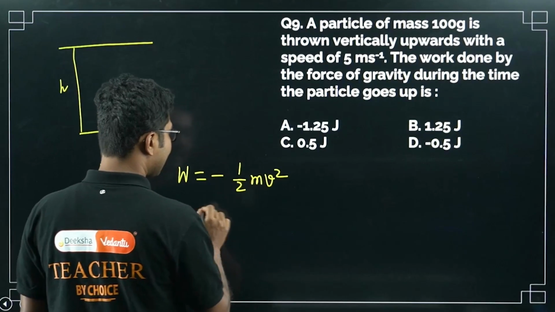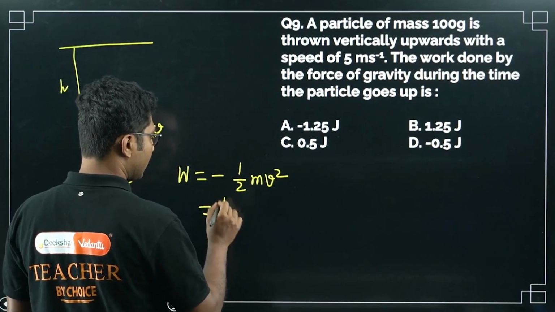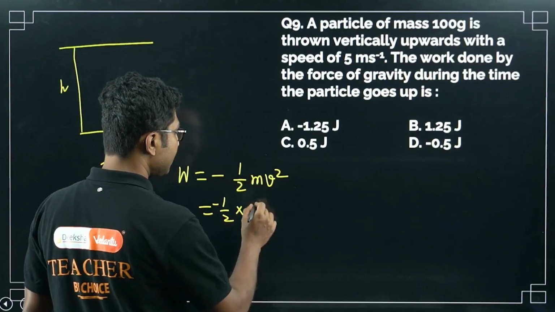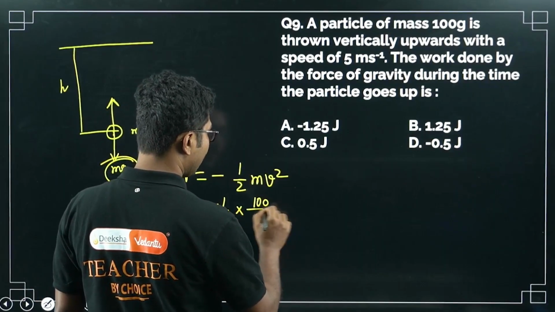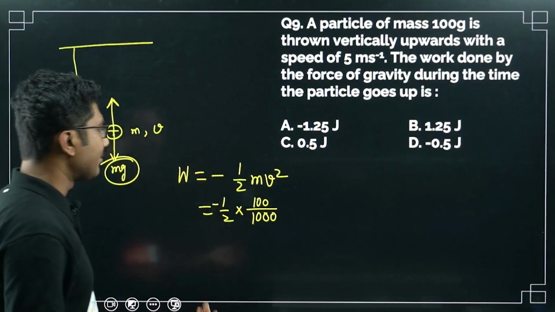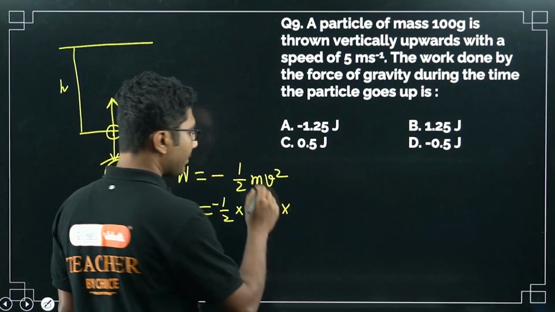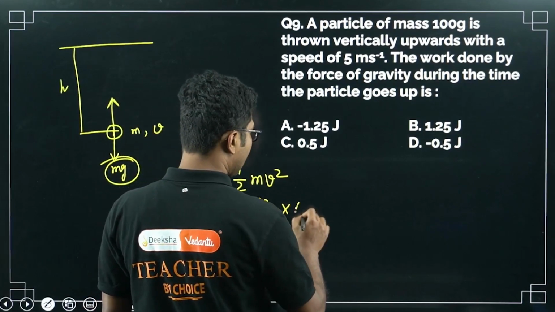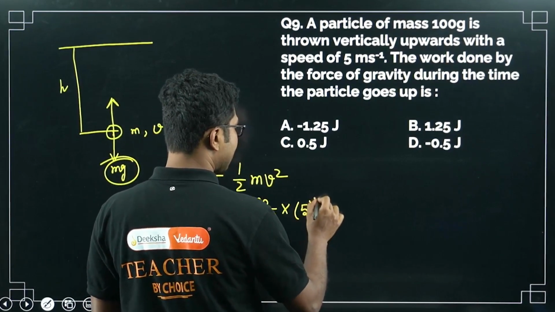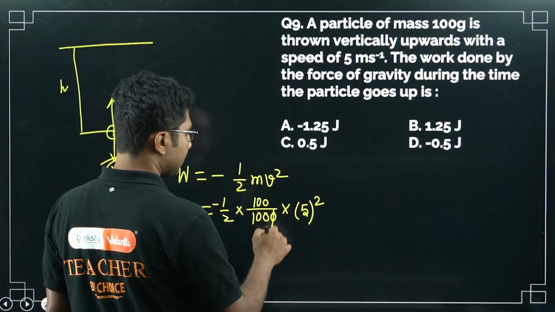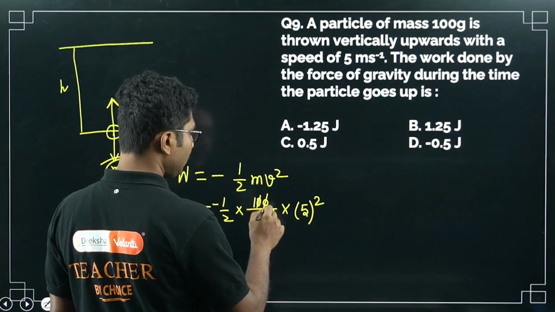What is the kinetic energy? Half, with a negative sign. Mass is 100 grams. 100 grams means 100 divided by 1000 kilograms, or you can write 0.1, whatever you are comfortable with. I am comfortable dividing by 1000 because most students find it easy to calculate this way. 5 meter per second squared, so it is already given in our desired unit. So let's cancel zeros.